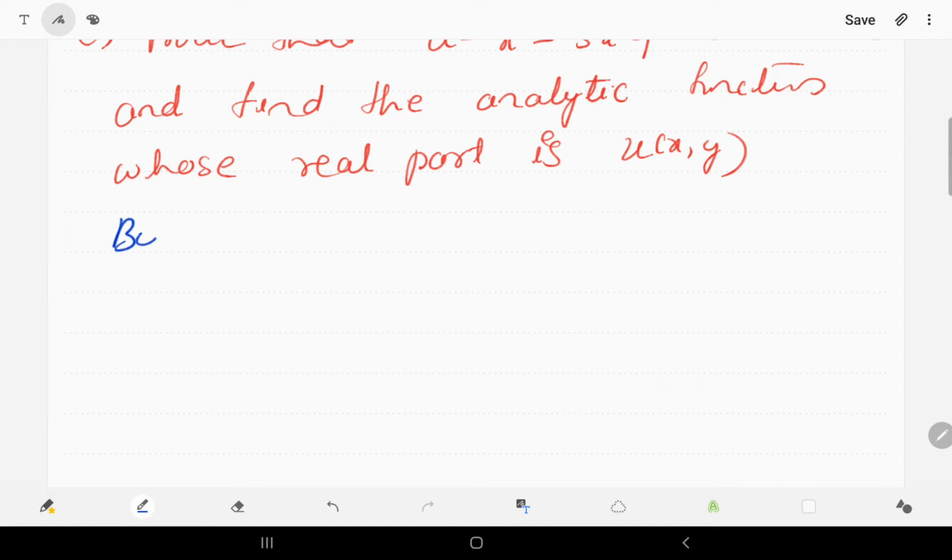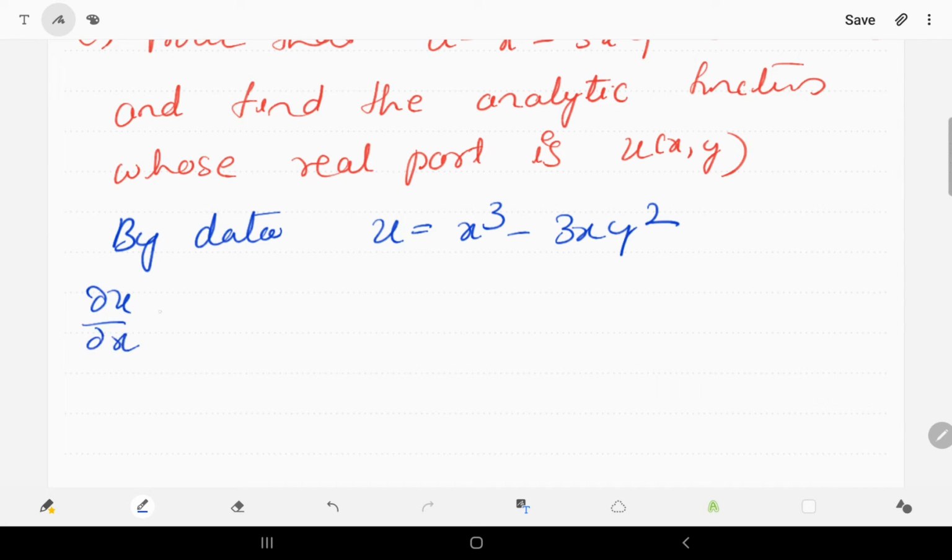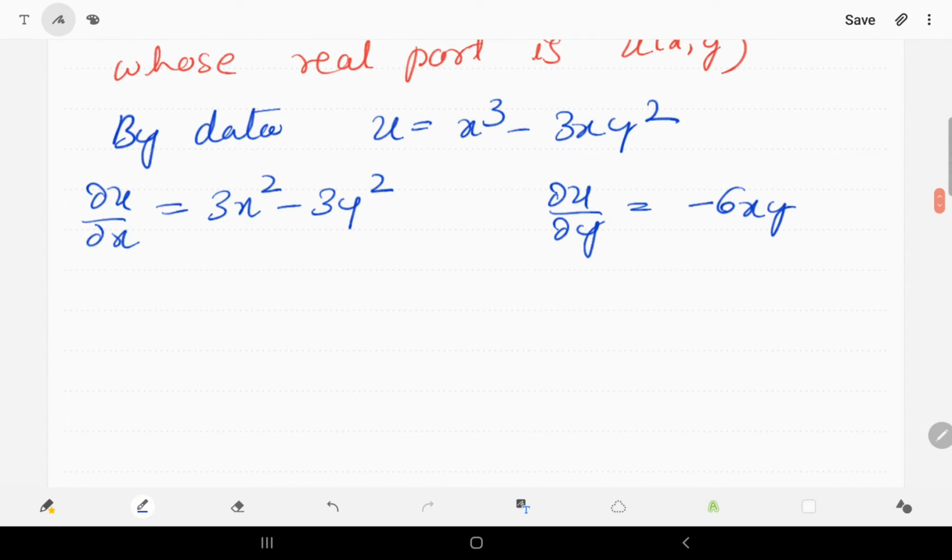Okay, solution. By data, u is equal to x cube minus 3xy square. So dou u by dou x is equal to 3x square minus 3y square, and dou u by dou y is equal to minus 6xy. That is differentiation of u with respect to x.